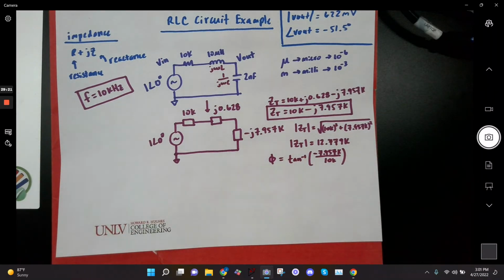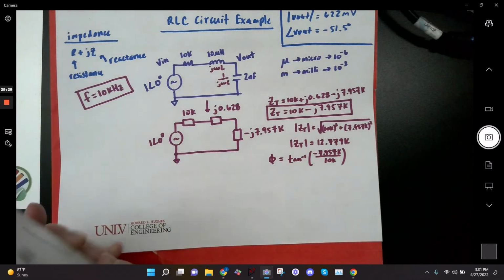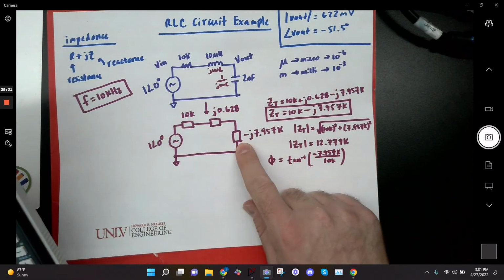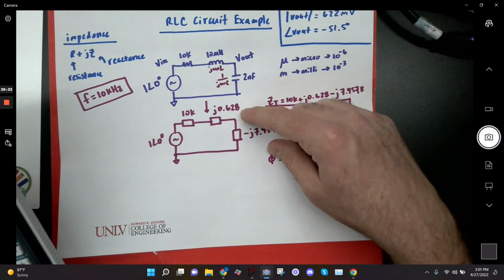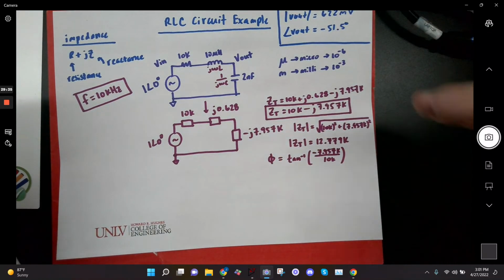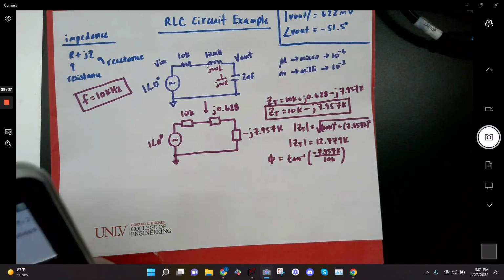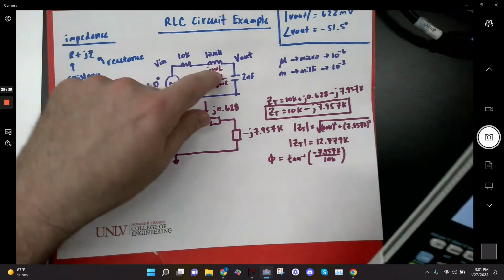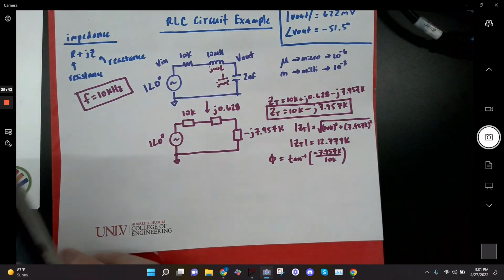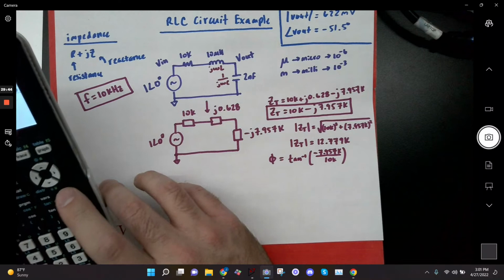If I end up with a phase shift that's positive for the impedance, that would be an inductive circuit. And if I end up with a zero phase shift, that would be purely resistive. Okay? So even though it has an inductor and a capacitor, we noticed right from the beginning the capacitor was dominant. So this is a capacitive circuit. It depends on the frequency. It also depends on the size of these values. In this particular case, it's capacitive.